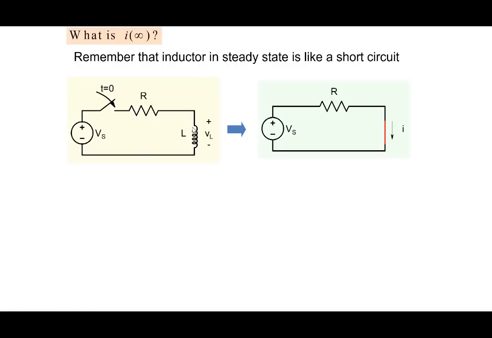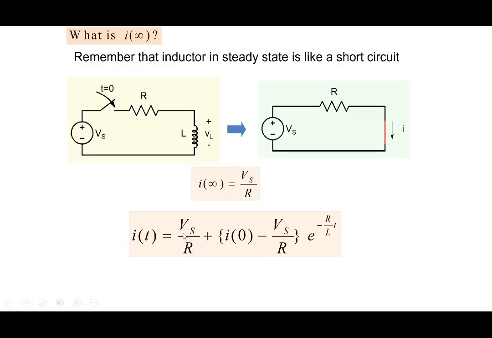The voltage across an inductor is V equal to L di by dt, and di by dt is 0, so the voltage across the inductor is 0. It acts like a short. That's why in steady state we replace the inductor by a short, just as we replaced the capacitor by an open circuit. So the current at infinity is very simple, Vs by R. We can put this down here in our equation.